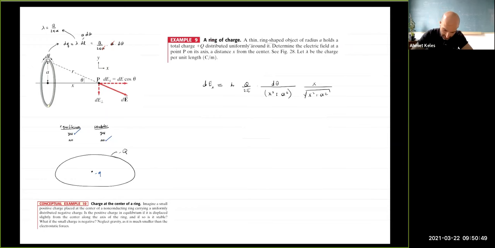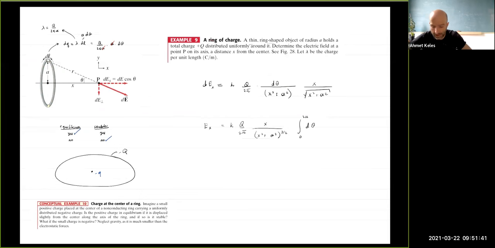So then I say Ex, I integrate. The only thing that changes as you go from here to here to here is d theta. Everything else is constant, so I just take it out. It's k q over 2 pi times x over x squared plus a squared to the power 3 over 2, times the integral of d theta from 0 to 2 pi.